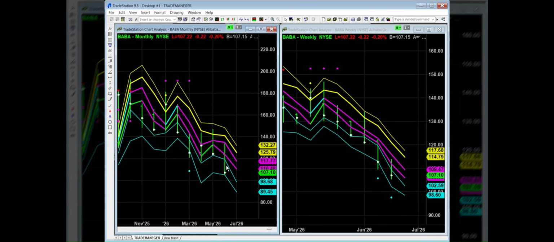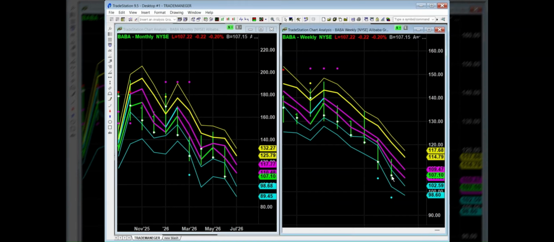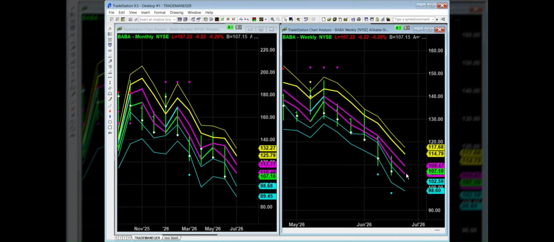In the weekly chart, the tips of these trend lines are the projected high and low for the next week of the BABA price. So next week, if it can open or hold above this $106, it will have a tendency to increase to this yellow trend line around $114.